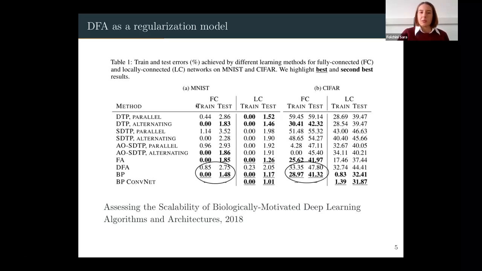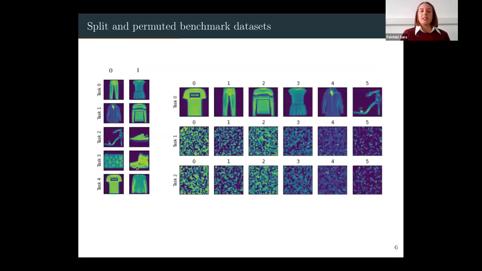This was an example on MNIST and CIFAR-10 with fully connected networks, and we can see that the error was always larger than BP for the DFA method. The datasets that we will use are the split and the permuted Fashion MNIST. We also tested the same things on split and permuted MNIST, and the results are the same.